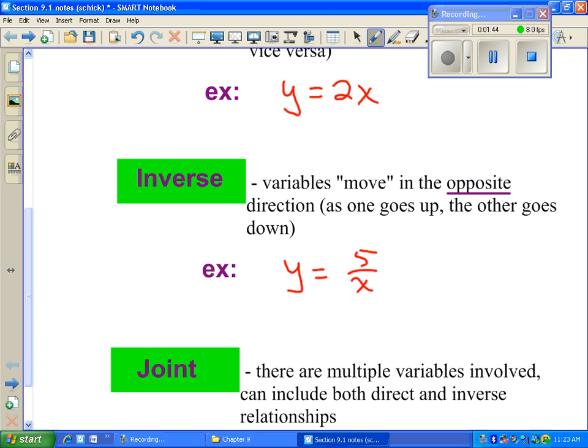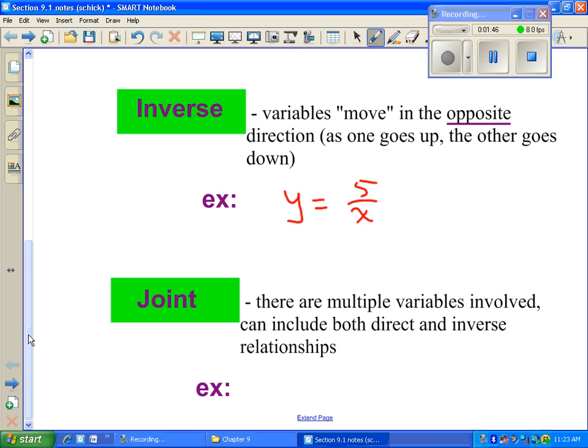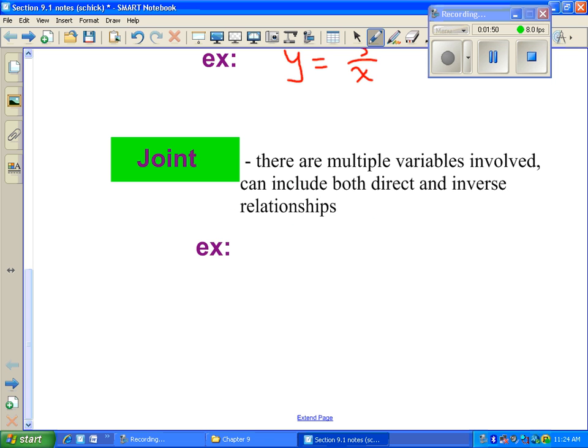Joint variation. Joint variation is when I do a combination. There are multiple variables involved. They can include both direct and inverse. So I would need a third variable z. Z is equal to 5x divided by y. So it varies directly with x and inversely with y.